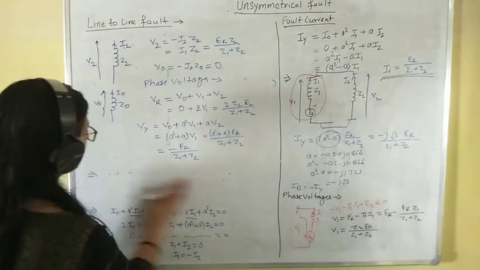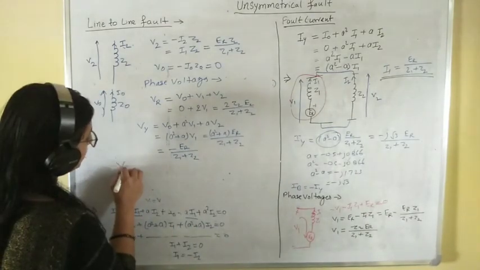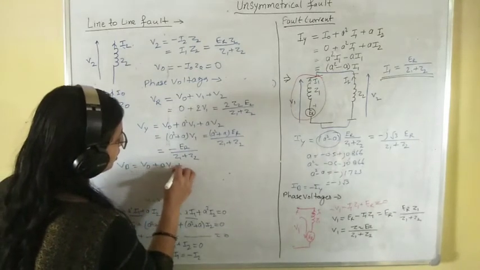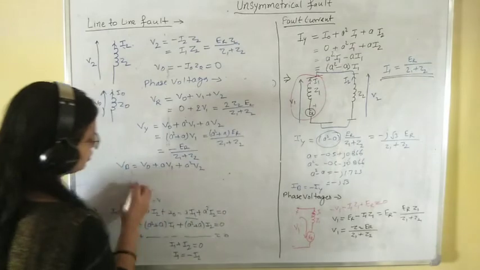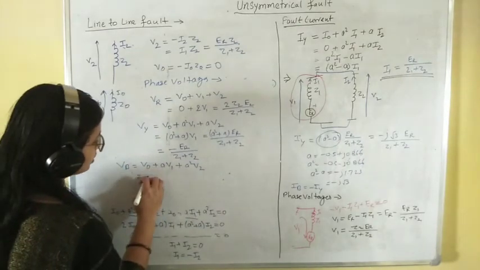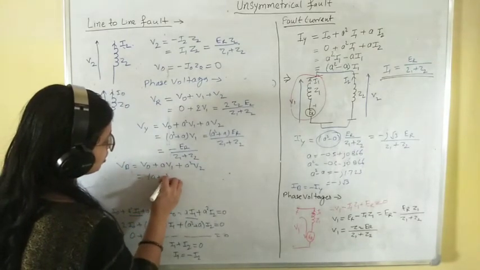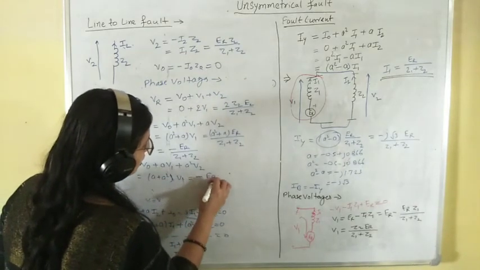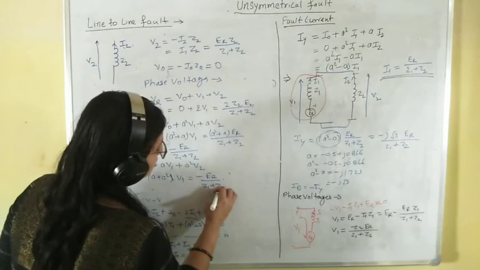Okay. Similarly, for the B phase, it will be V0 plus A V1 plus A square V2. Again, it will be (A plus A square) V1. That means the same, ER upon Z1 plus Z2.